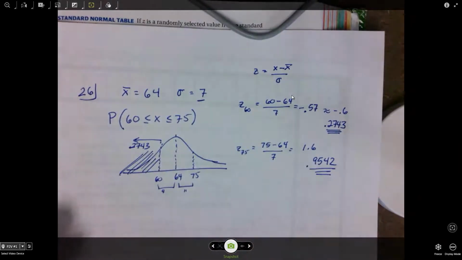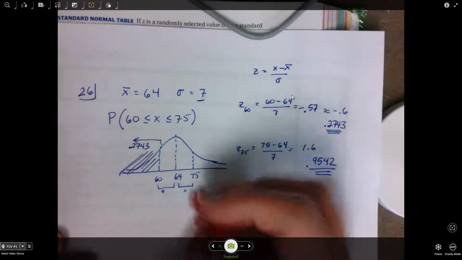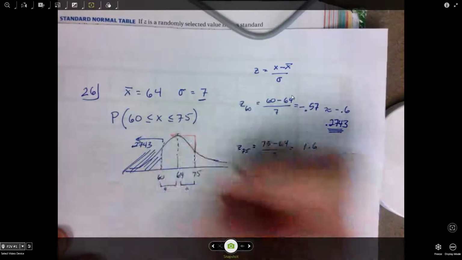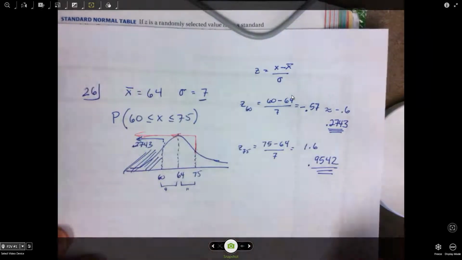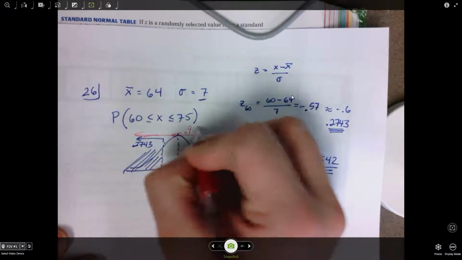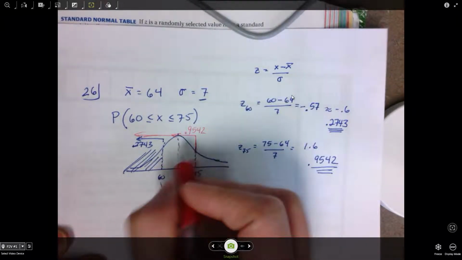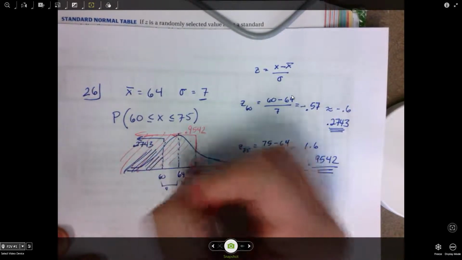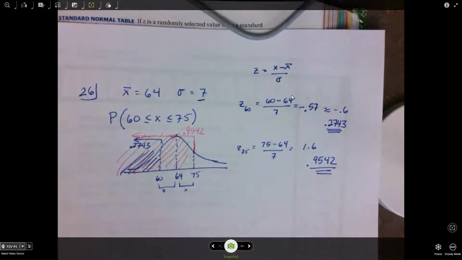Now, I'm going to grab another pen. I need a second color in here. Now, with the 75, it has a value that we're going to use of 0.9542. Now that goes all the way over to there, all the way to the end, but includes a bigger region.